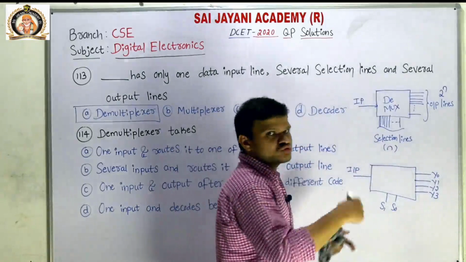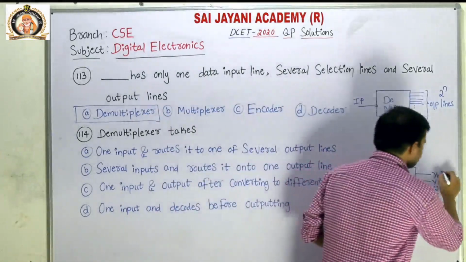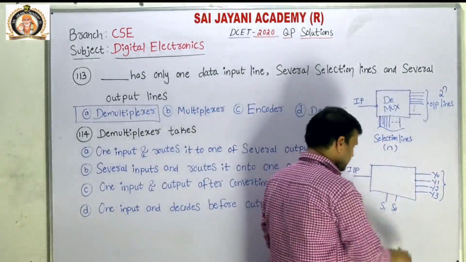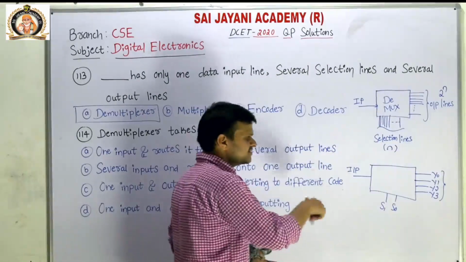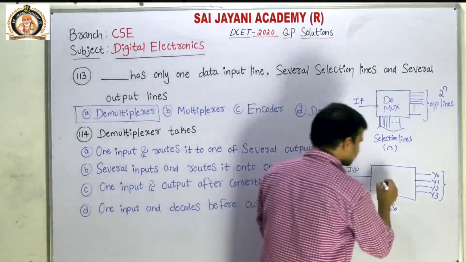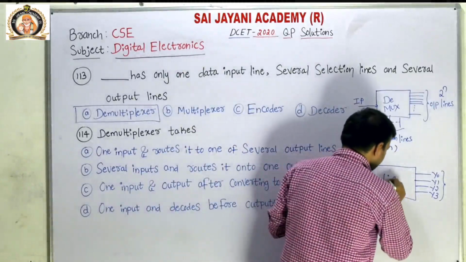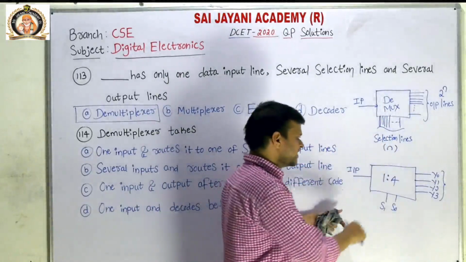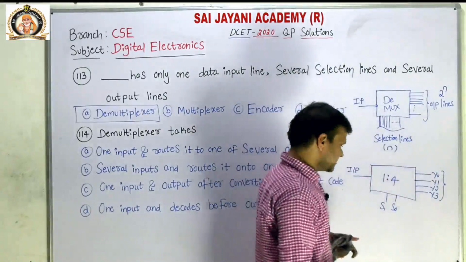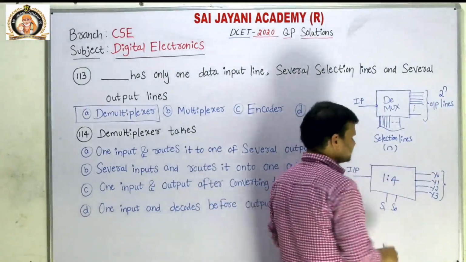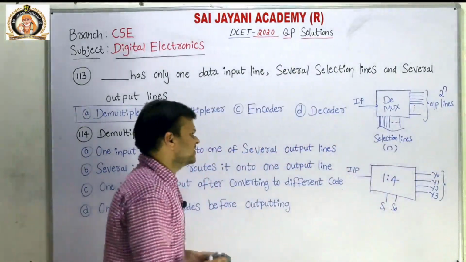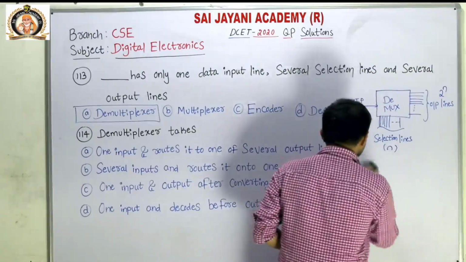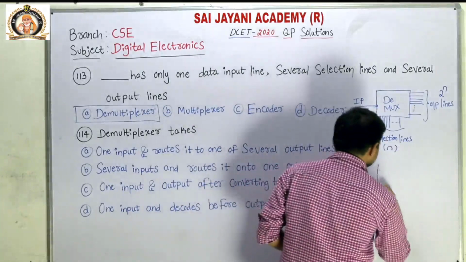Because 2 raised to 2 becomes 4. So we have 4 output lines for 2 selection lines. This type of demultiplexer is called a 1:4 demultiplexer. Why? Because it has 1 input line and 4 output lines for 2 selection lines.